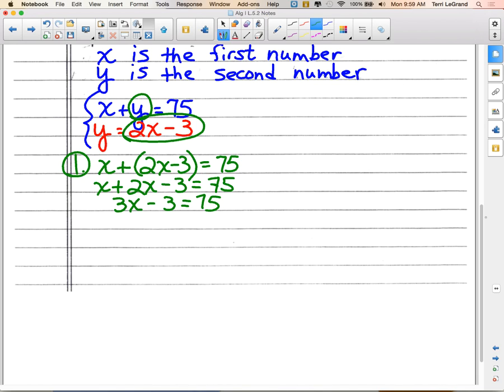Okay, go ahead and finish this problem. Step 1, it looks like we're going to get a value for x. Step 2, go find the value for y. Step 3, this time we're not going to write an ordered pair. We're going to say the two numbers are.